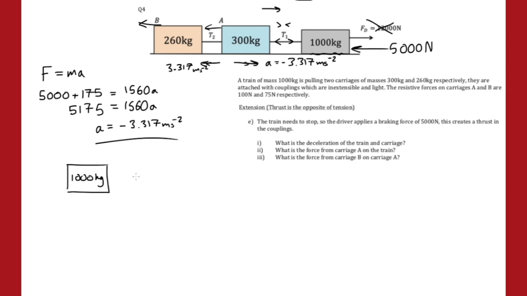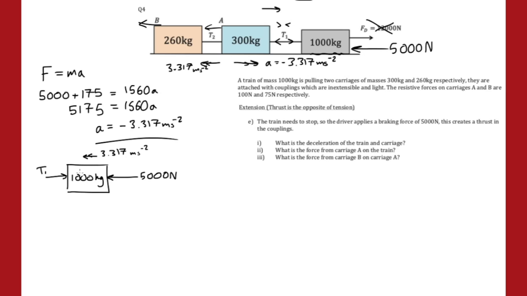We have a force acting in this direction of 5,000. And we have a thrust, it's being pushed in this direction. The thrust from carriage A is pushing this direction, so it's the opposite to this braking force. The acceleration goes this way. Okay, so it's 3.317 in this direction.